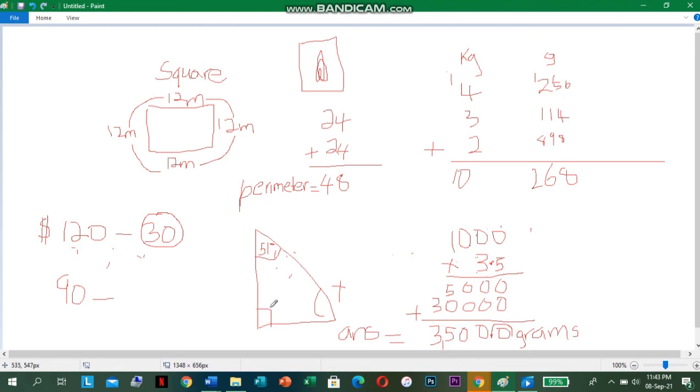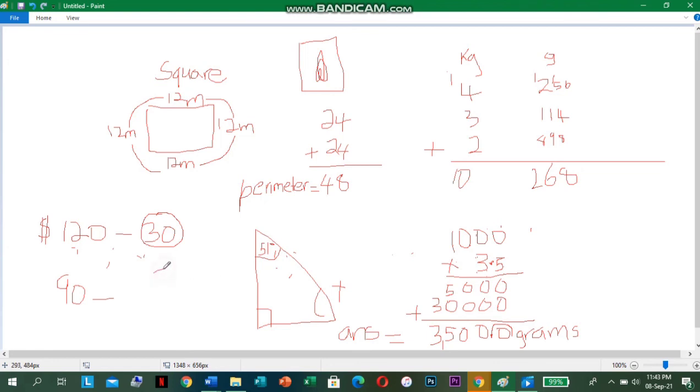So we know this angle is 90 and we know that this angle is 51. But we want to know this angle. And all of these interior angles, inside angles, must measure 180. So we know 90 and 51.